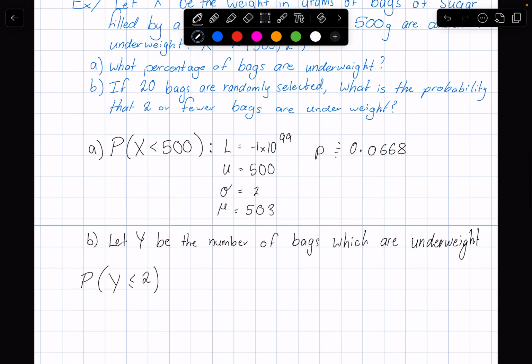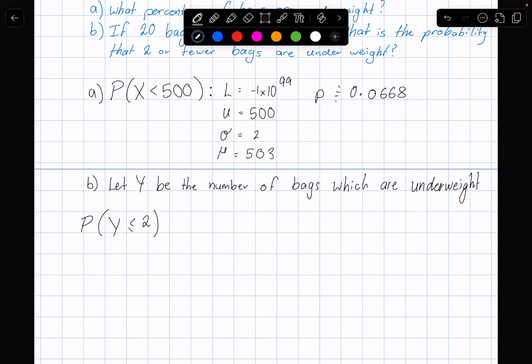In binomial, that less than or equal to 2 sign is really important. So we're going to go back onto our calculator, but go to BCD now. In BCD, we have our lower, we have our upper, we have our number of trials, and we have our probability. My lower value is going to be negative times 10 to the 99. My upper is going to be 2.